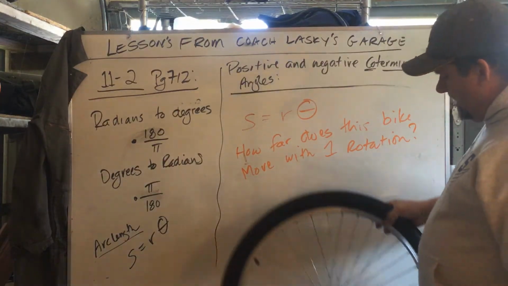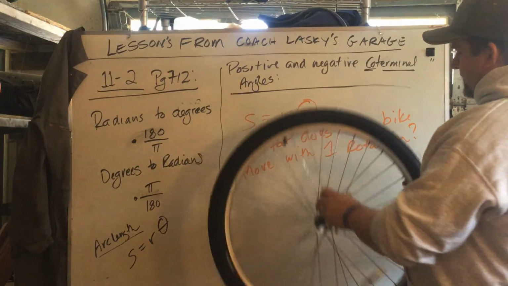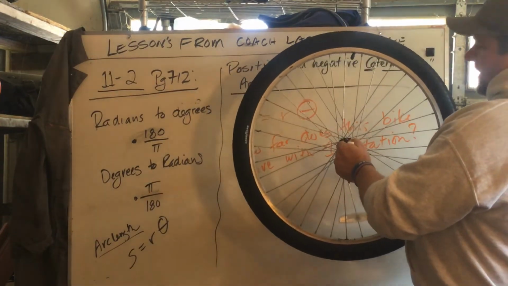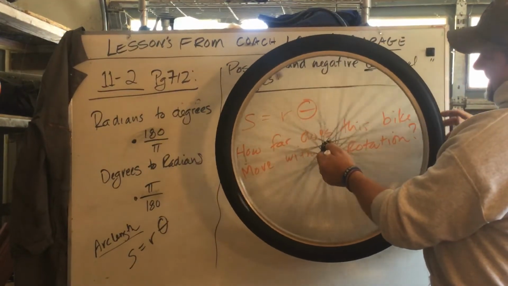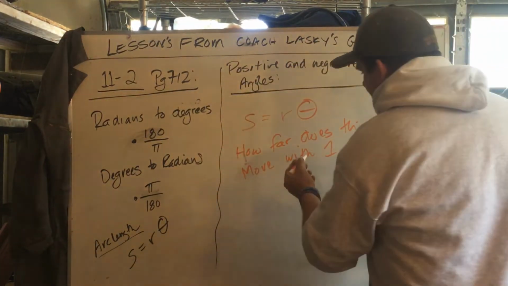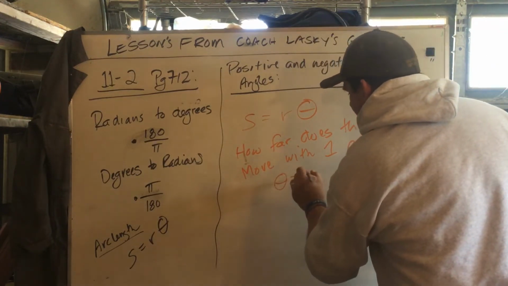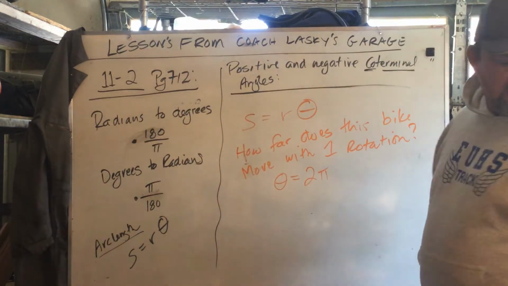All right, so basically, this is the bike. How far does this bike move with one rotation? So one rotation means, let's start with a Goodyear, if I go all the way around, that is going to be 2 pi. So I know my theta is equal to 2 pi. All I need is my radius.